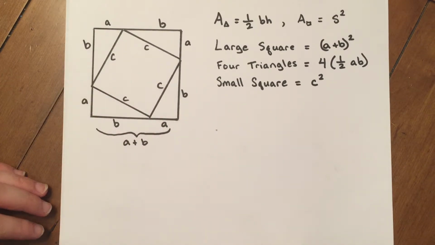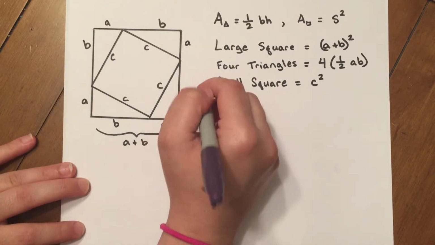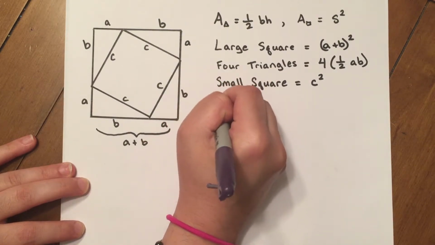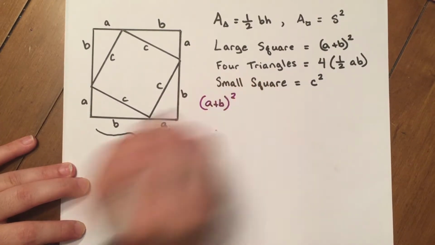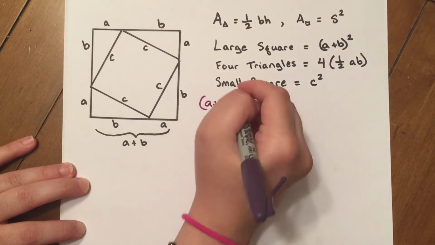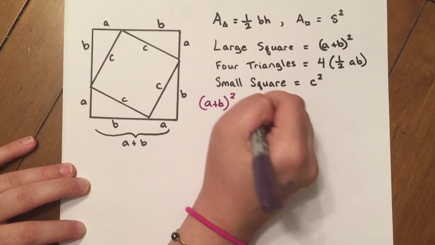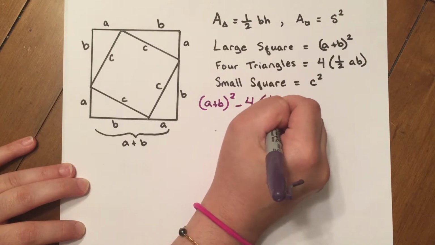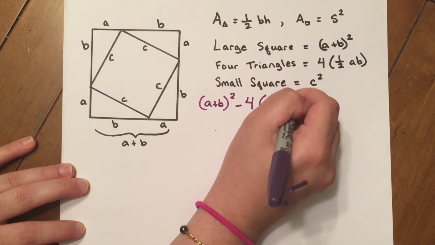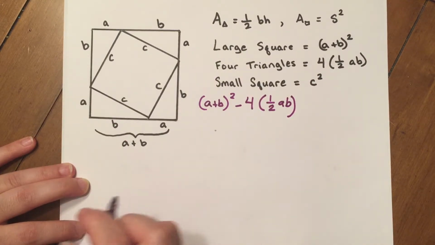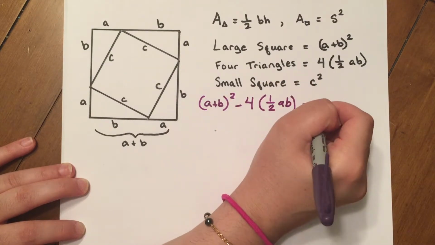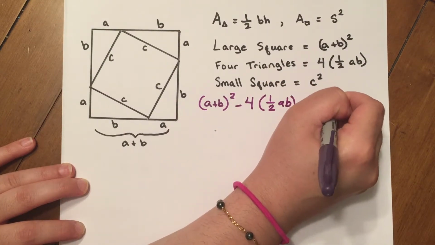So let's go ahead and do that. And we end up with A plus B squared, that's the big square, minus the 4 triangles is going to equal the small square.